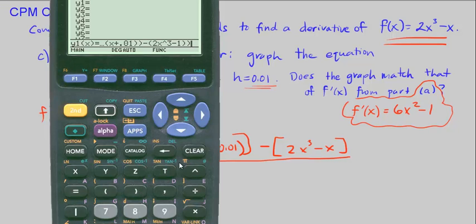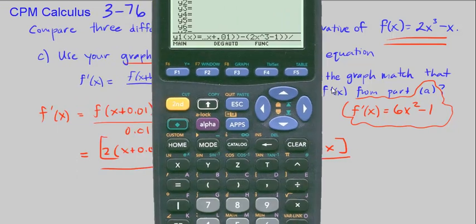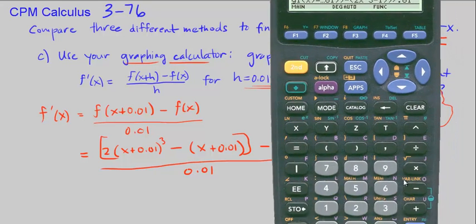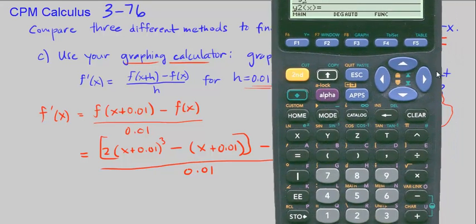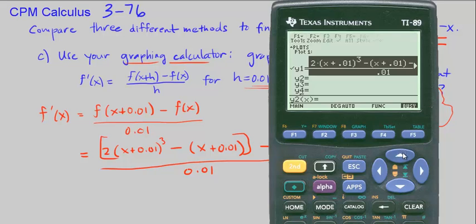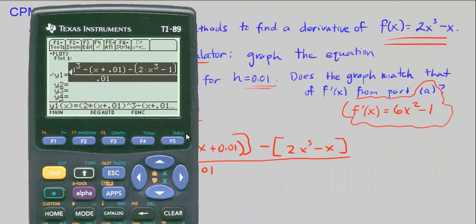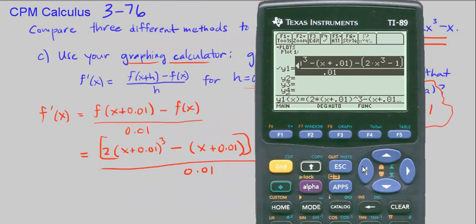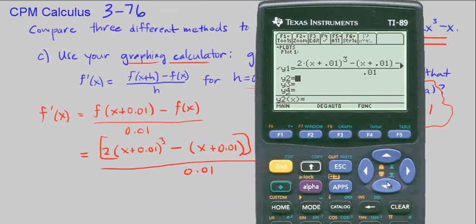So closing the numerator parentheses, divided by, and at the bottom, remember we have 0.01. Okay? So let me put enter. And let's check, is this what we want to enter? 2 times x plus 0.01 cubed minus x minus 0.01 minus 2x cubed minus 1. Yes, all over 0.01. So let's go ahead and graph that.